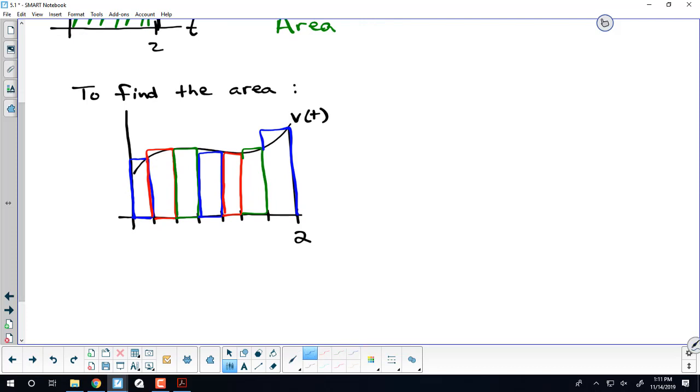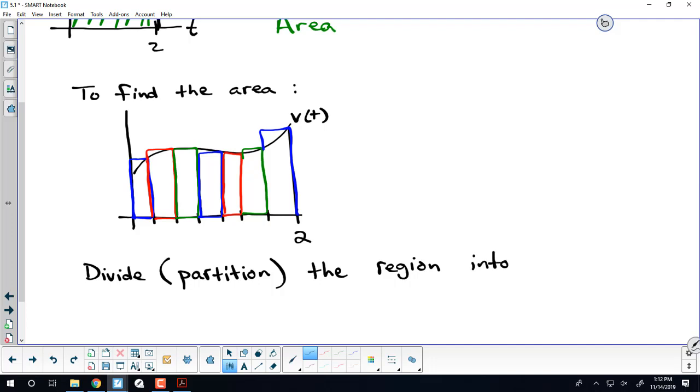So let's write it out in words. We're going to divide, or the more technical word is partition, the region in question. We're going to divide that region into a certain number of subintervals, and we'll just say n subintervals.